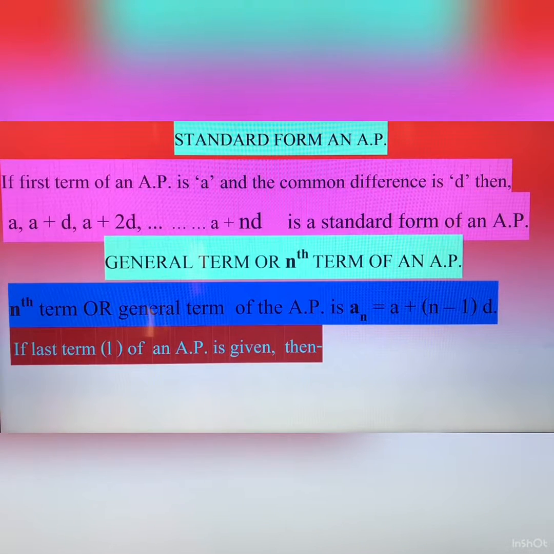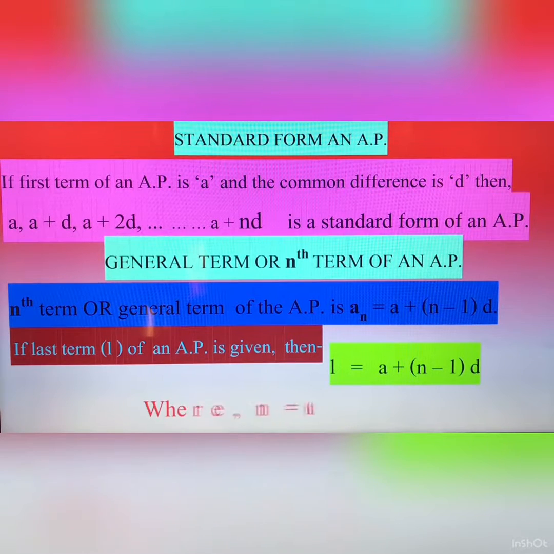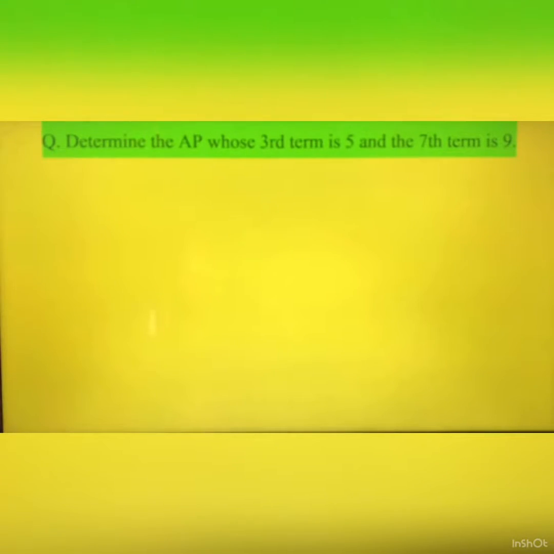If the last term L of the AP is given, then L equals A plus n minus 1 into D, where n is the number of terms. So this is the standard form and the general formula for an AP.